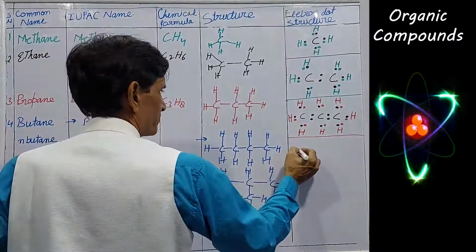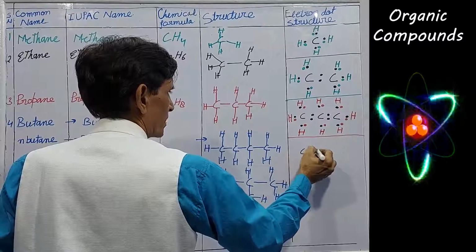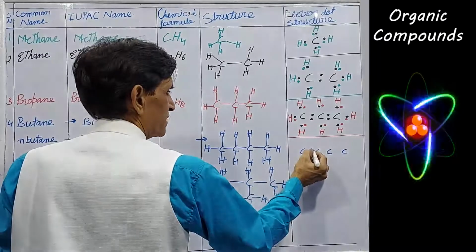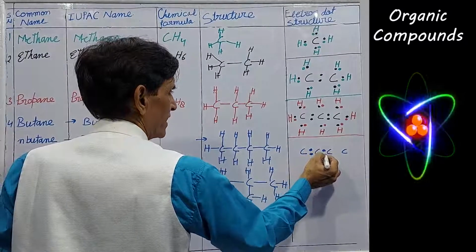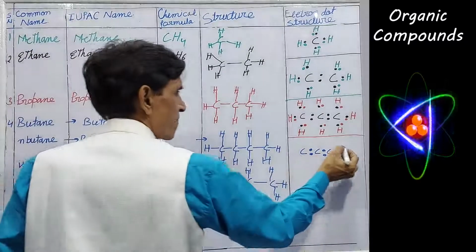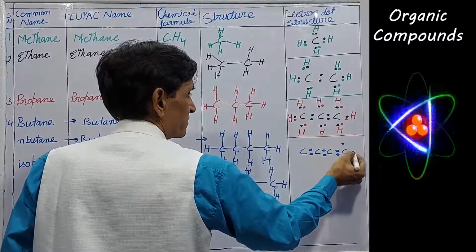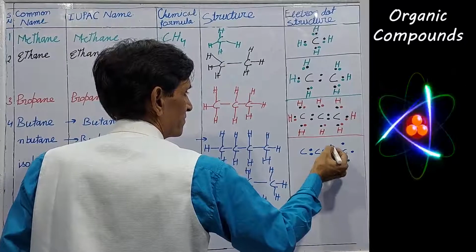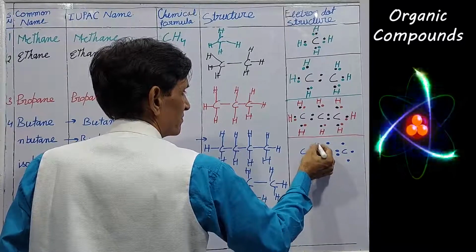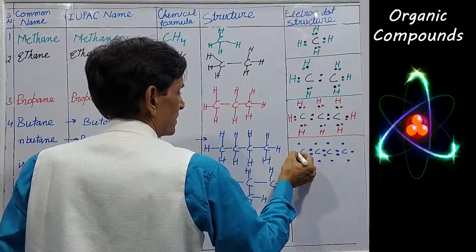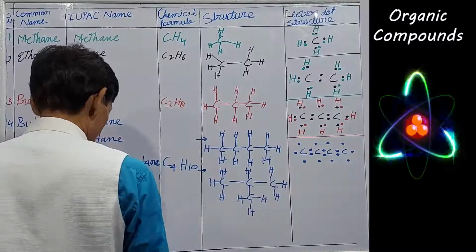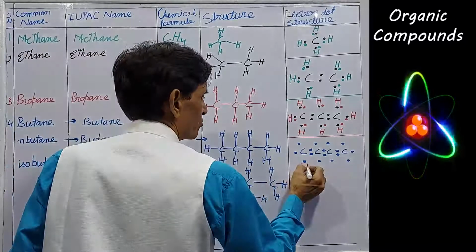Electron dot structure. Here 1 carbon, 2 carbon, 3 carbon, 4 carbon. Between the carbon atoms, for each single covalent bond, there is a pair of electron dots, and these electrons are given by carbon to make bonds with hydrogen atoms. Then we can write the hydrogen atoms.